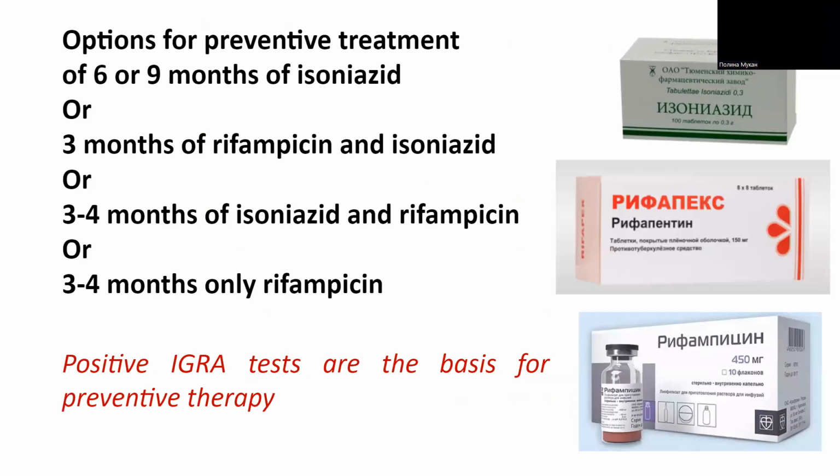Option for preventive treatment: 6 or 9 months of isoniazid or rifampicin, and so on.